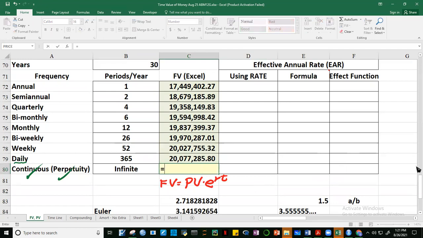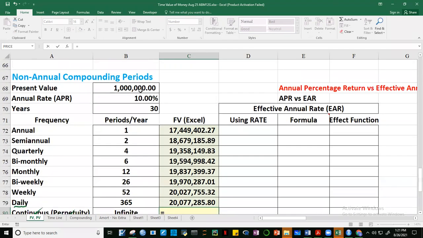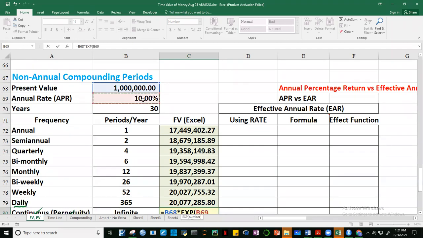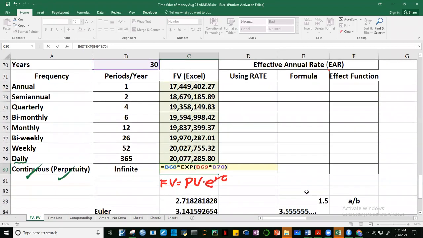It's equal to the present value multiplied by, so we use the exp function of Excel, e to the r times t. So there. When we have continuous compounding, this is how you compute for the future value. It's equal to the present value times e to the rt.